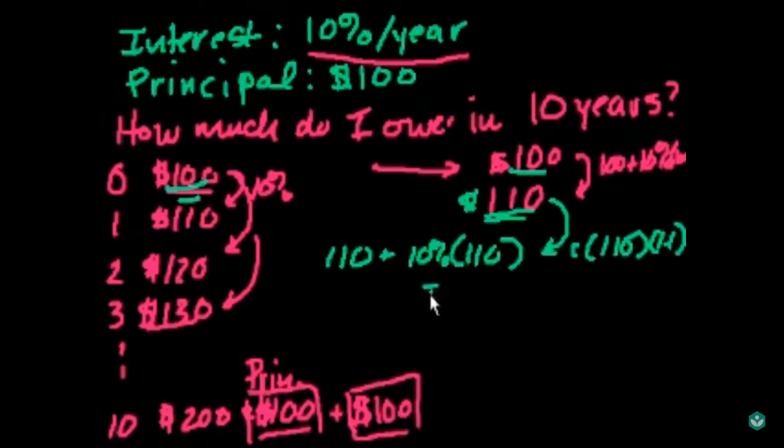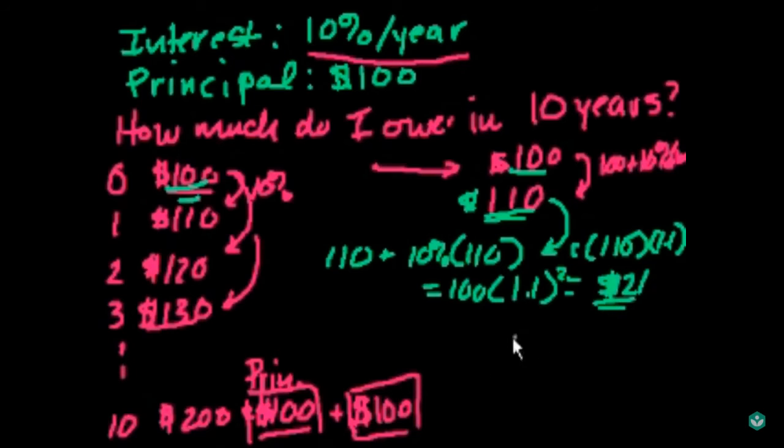And actually I could rewrite it this way too. I could rewrite it as 100 times 1.1 squared. And that equals $121. And then in year 2, this is my new principal. This is 121.